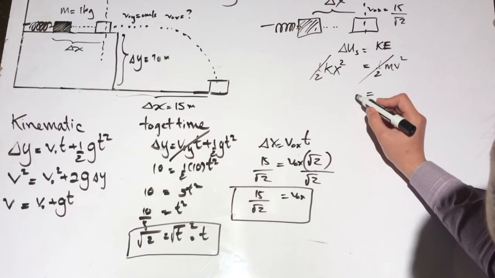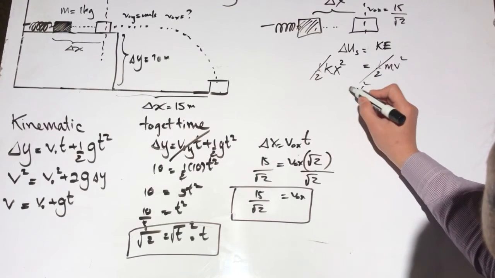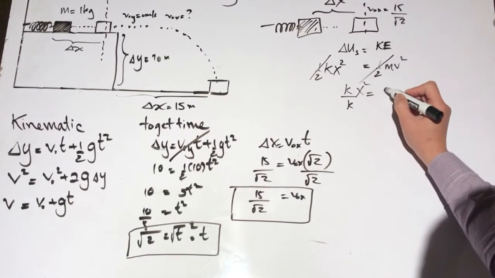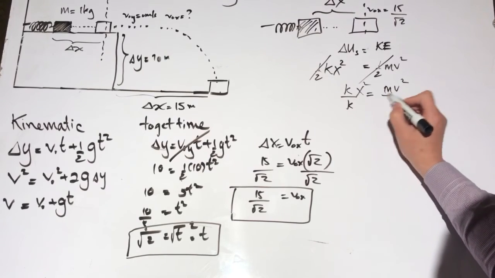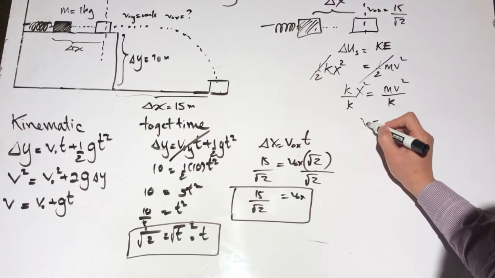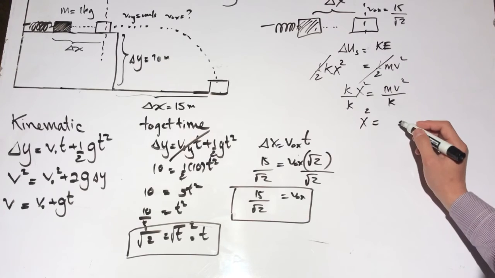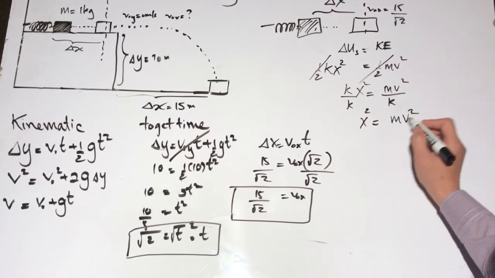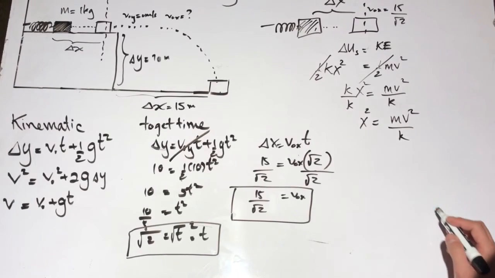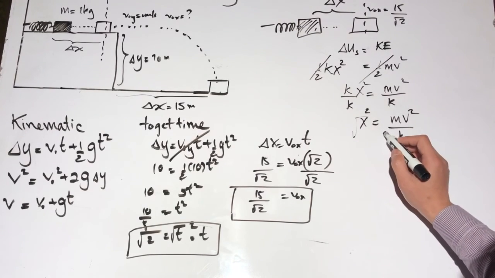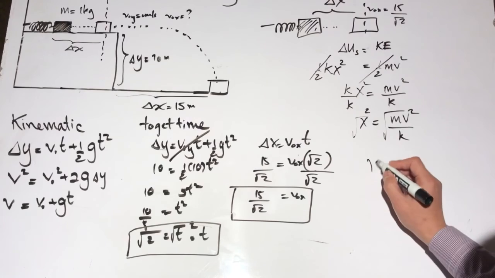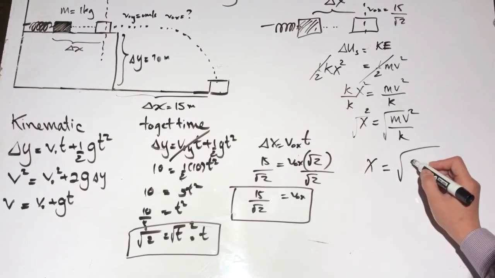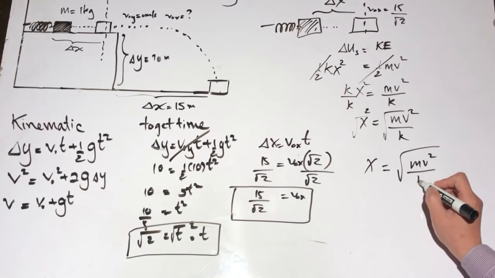Then x squared is equal to mv squared divided by k. So this is your displacement squared, equal to mv squared over k. So your displacement is equal to the square root of mv squared over k.